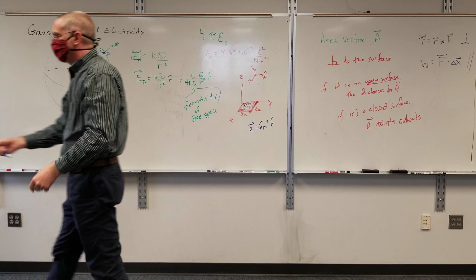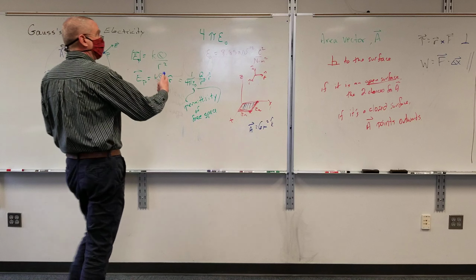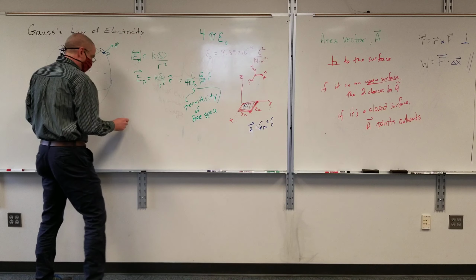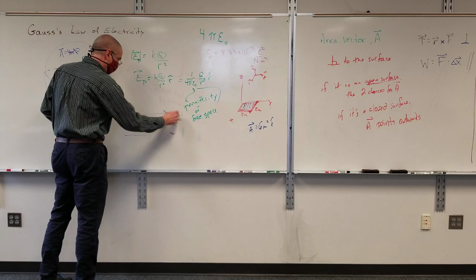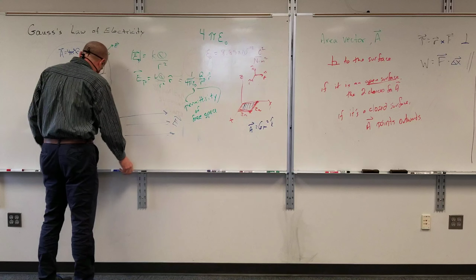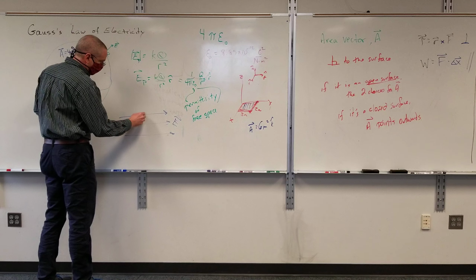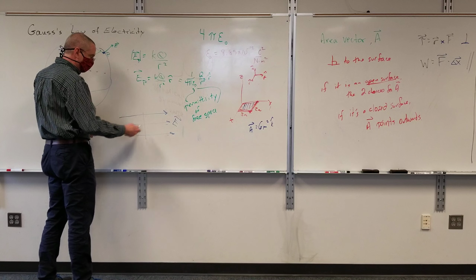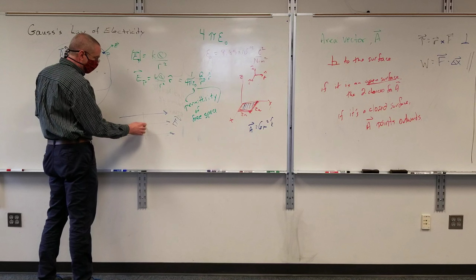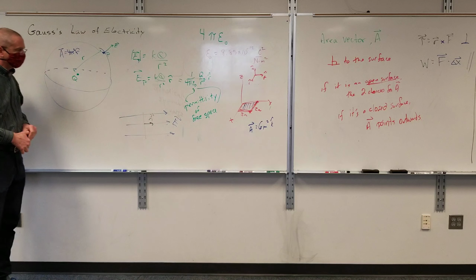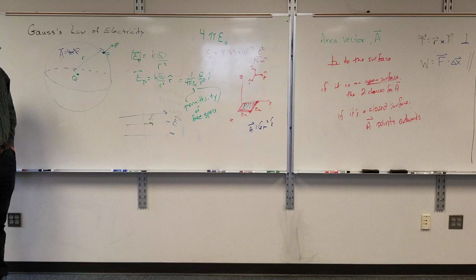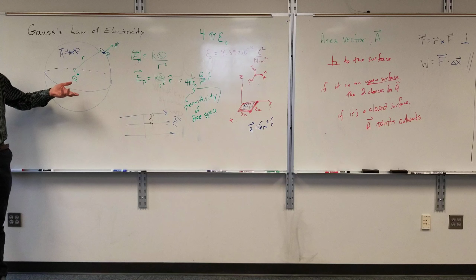Let me draw it down, or up, or here. Got my electric field shooting off to the right. I got my plane, my surface right there, and the area vector going that way, which is going to give me a maximum amount.